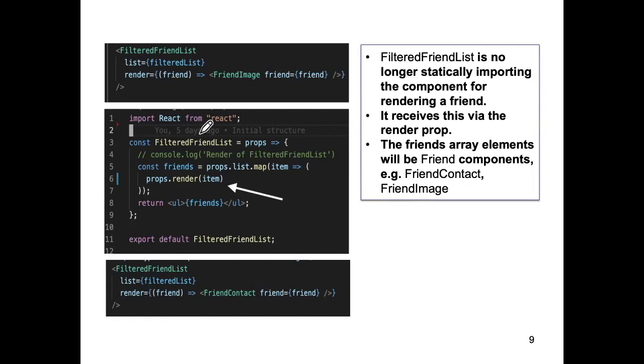Whereas now I'm being told by the consumer, this is my consumer up here and down here, how to render the friend. So I no longer have a static import of the friend. It's received via the friend's prop, or the render prop instead.